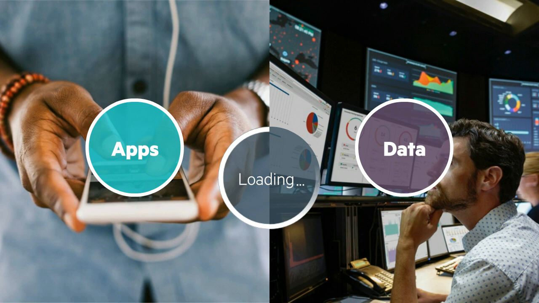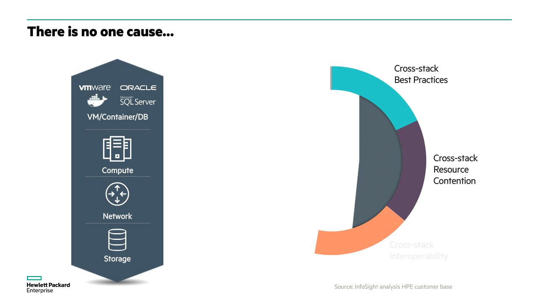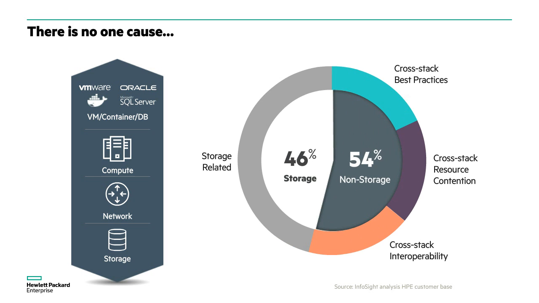For some more insight, here's a deeper dive into what HPE learned when we analyzed the causes of the app data gap. The team looked at thousands of support cases where administrators had determined that there was some sort of issue with their storage. What the team found was actually eye-opening.